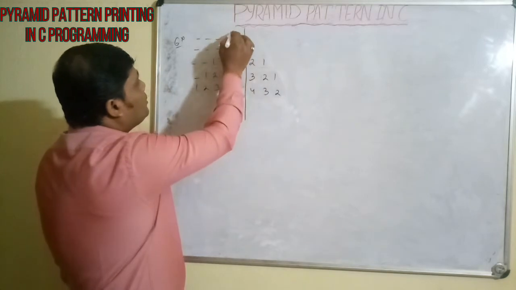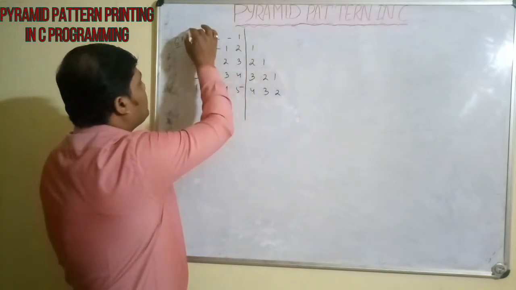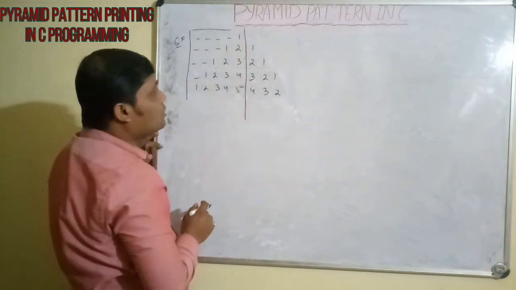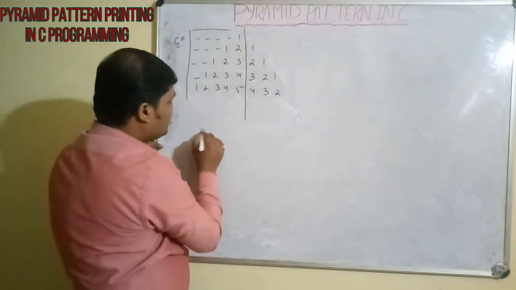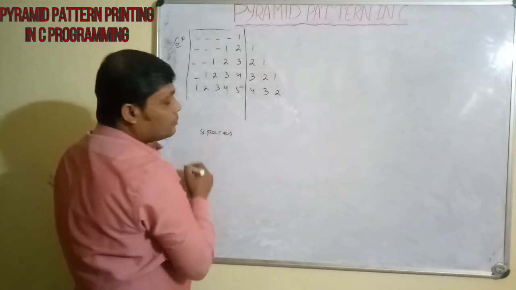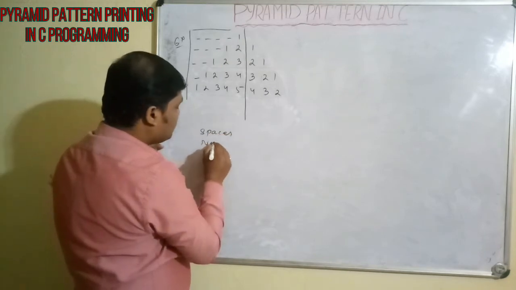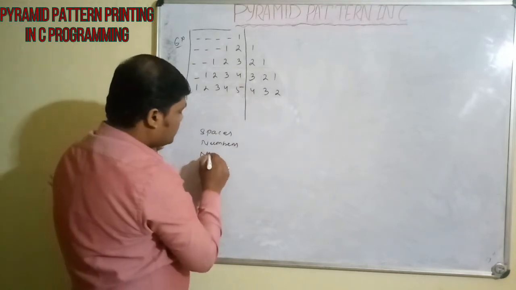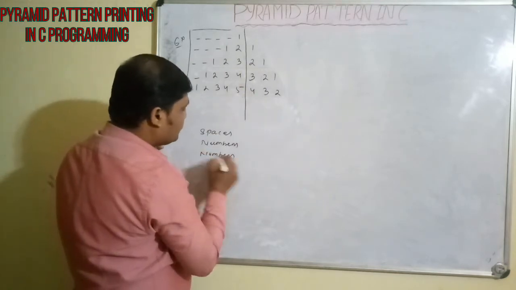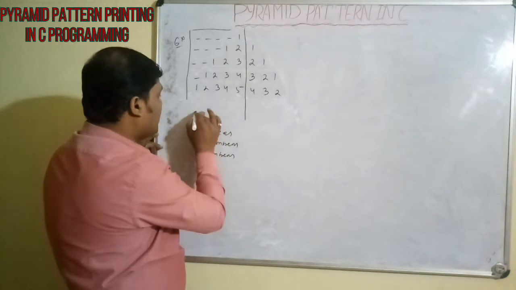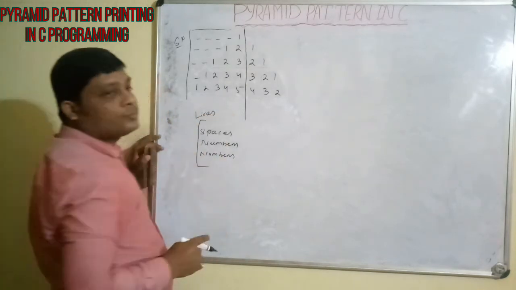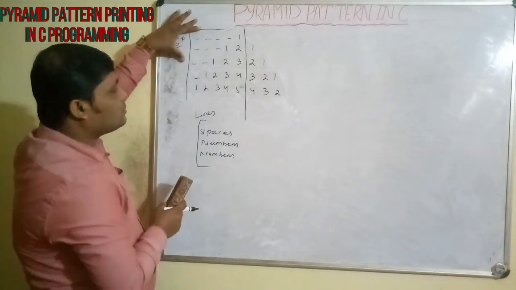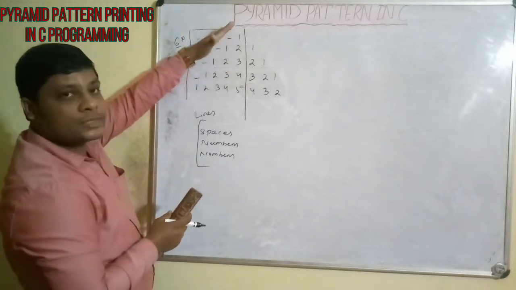Clear? Here this is space. Space is another part. Number of spaces is another part. So first is space, then numbers, then again numbers. These are within line. This is the logic. You can see this is spaces, then some numbers.